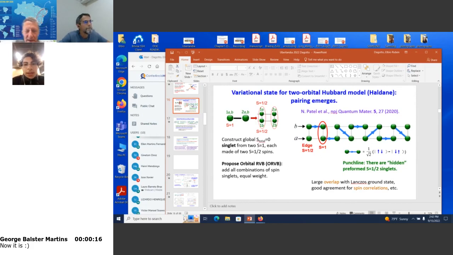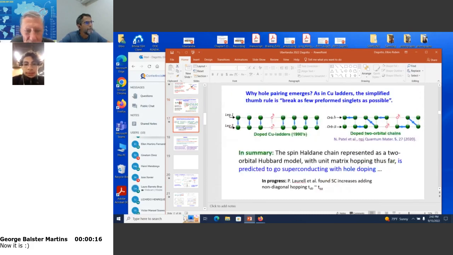Let's see. In order to identify which kind of superconductivity we could observe in those states. Well, the question is well formulated, but remember that this is a chain.